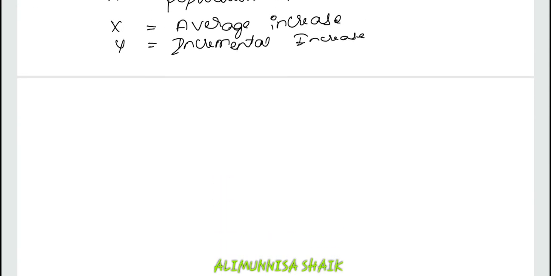Now let us go directly to solving the problem. What we have to do? Hence population after nth decade is given by the formula. So let us substitute all the terms and let us calculate.